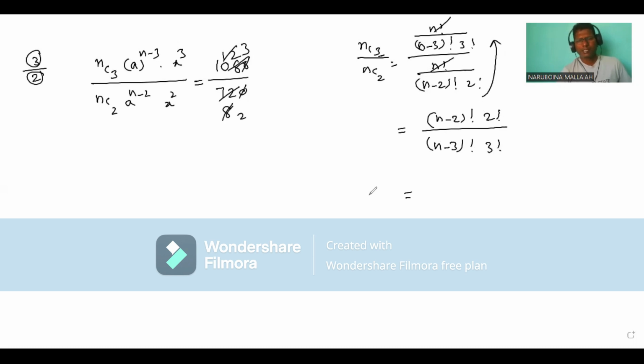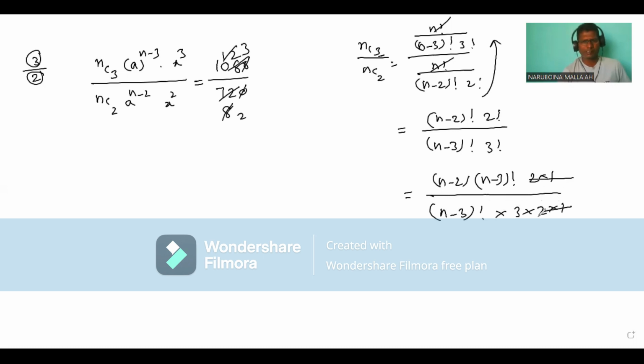Now in the last expression I explained: n minus 2, after that what do we get? n minus 3. So I am writing n minus 3 and putting the factorial form. 2 factorial means 2 into 1. Write n minus 3 factorial as this, into 3 factorial, 3 into 2 into 1. This 2 into 1 gets cancelled.